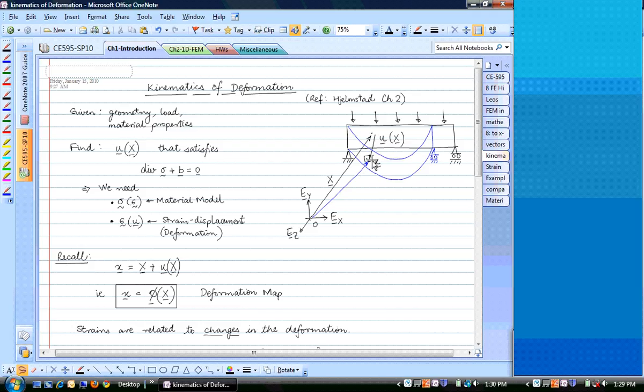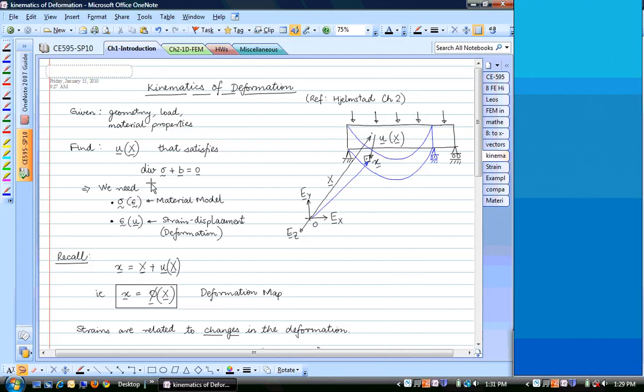So we tried to find out what that equation of equilibrium would be, and we found that the divergence of Cauchy stress plus the body force equals 0, and that should hold at each and every point in your structure, right? So this is the equation of equilibrium that we want to make sure holds.